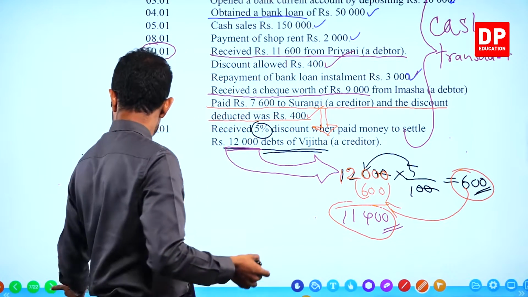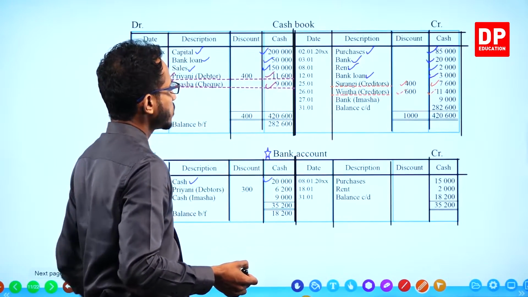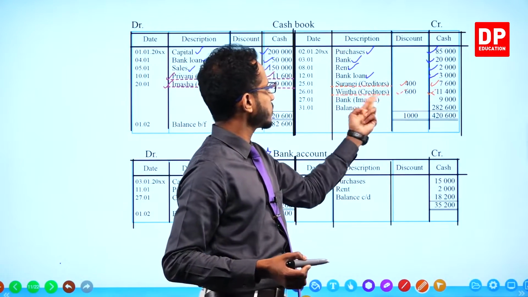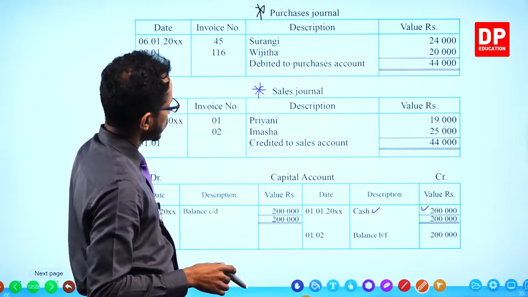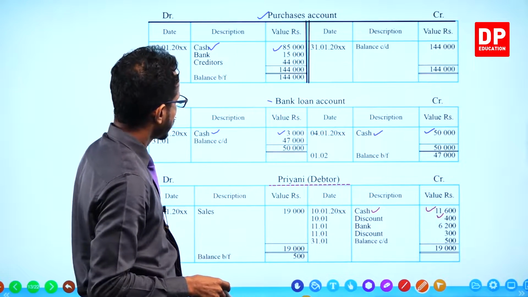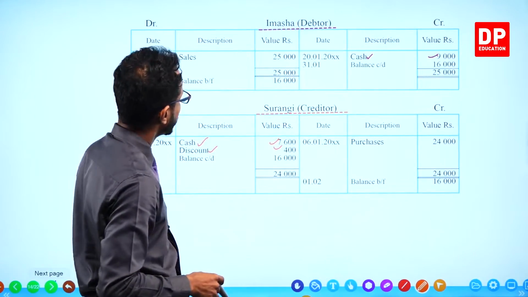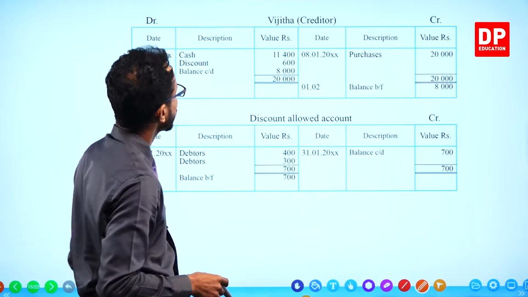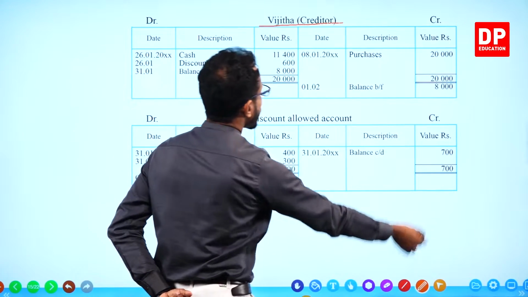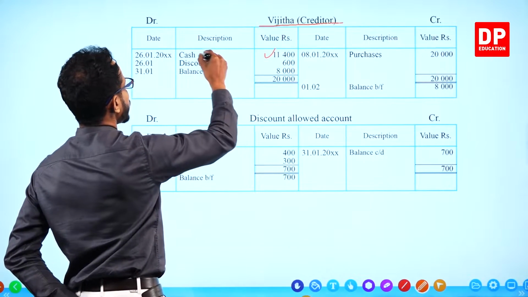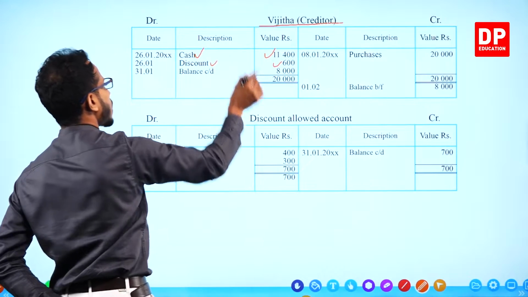Okay. And this should be debited to Vijitha's account, the creditor. Where is Vijitha? Vijitha is here. Debited to Vijitha 11,400 cash, 600 discount.